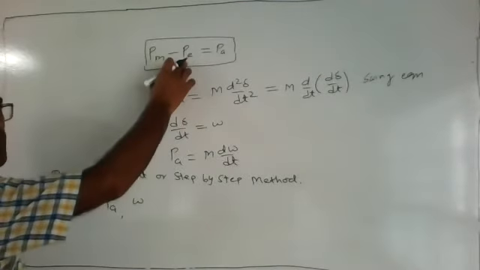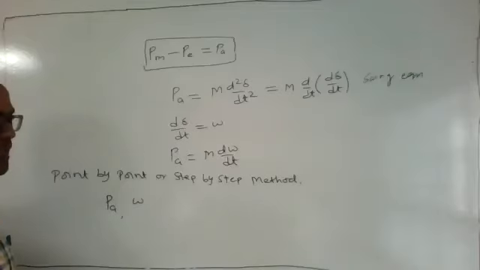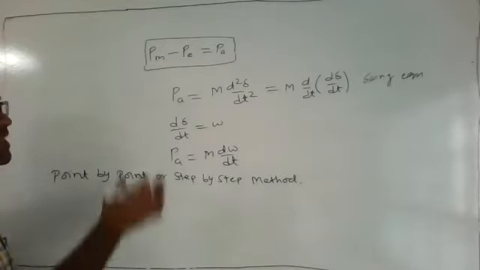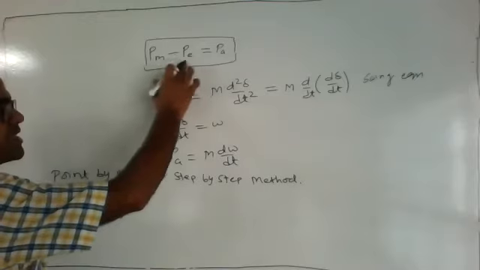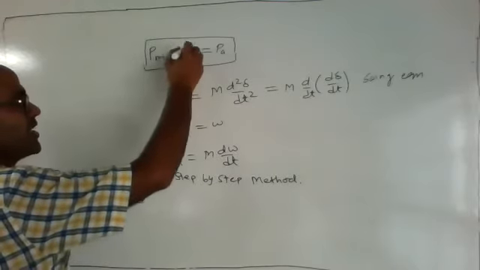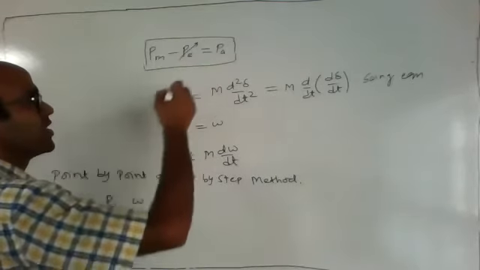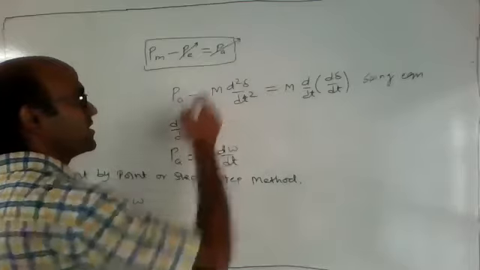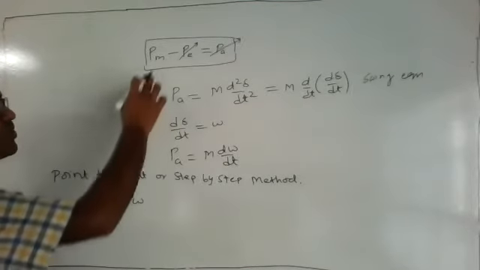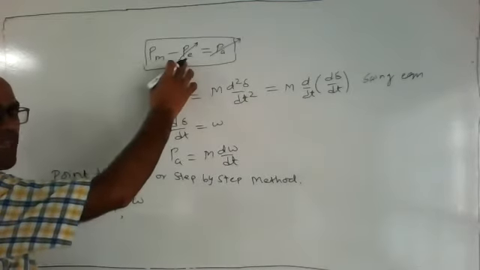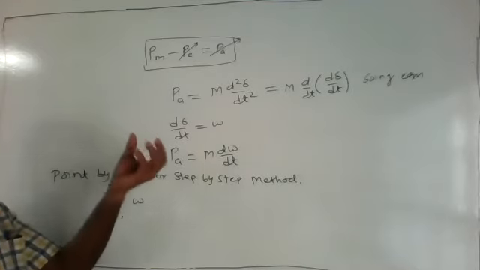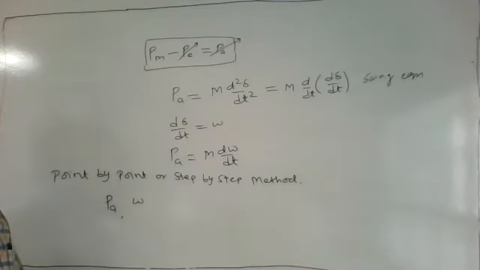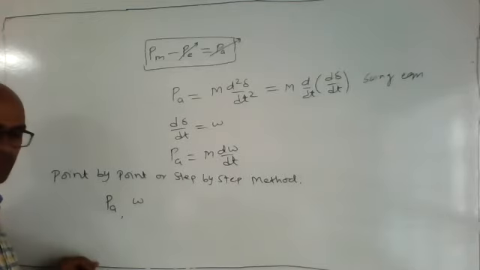Due to the electrical power. If you connect anything in the system, the electrical power will change, so this difference will change. Ultimately, if you change PE, automatically PA will change.